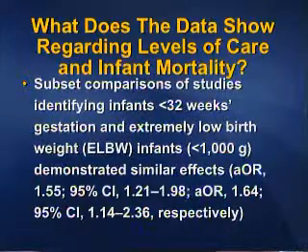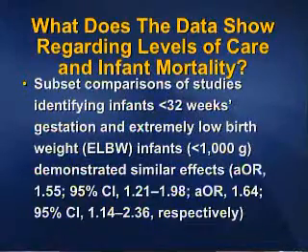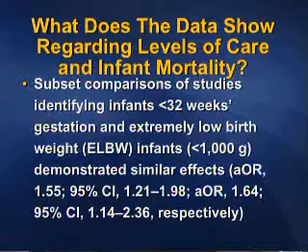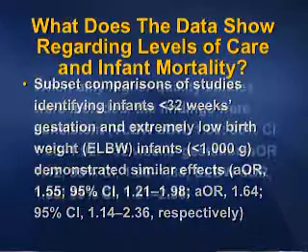If you look at the extremely low birth weight infants, babies that are less than 1,000 grams, you see very similar findings. You have an adjusted odds ratio of 1.55, so a 55% chance of increased survival if you were born at a level 3 neonatal intensive care unit versus a level 1 or 2, okay?